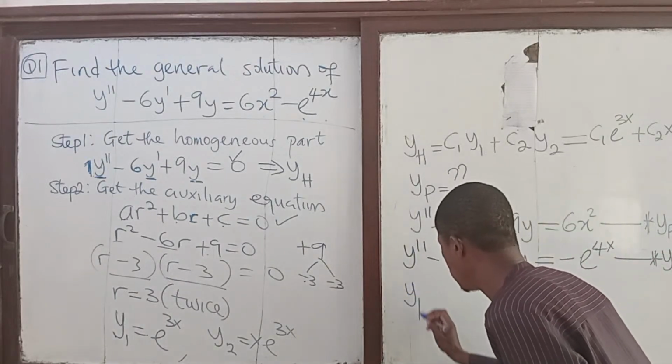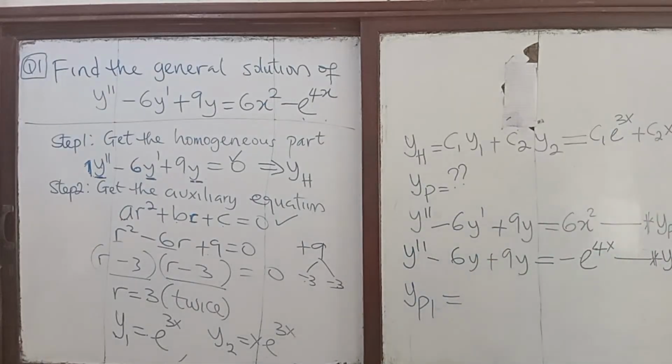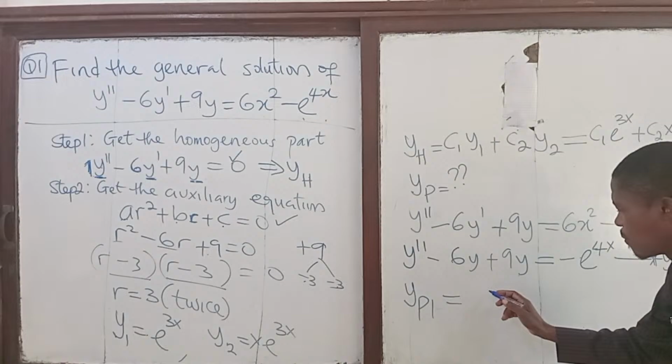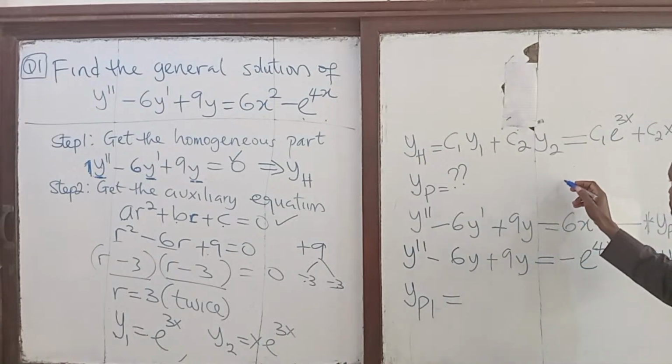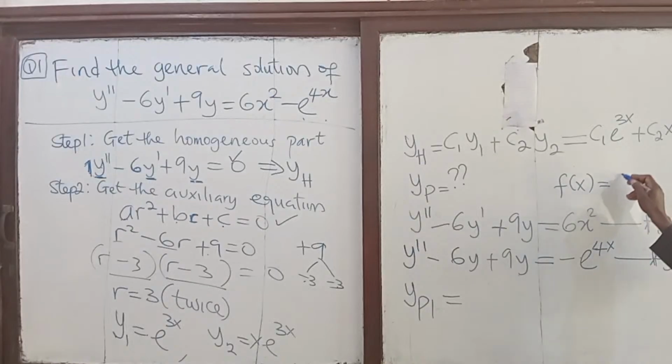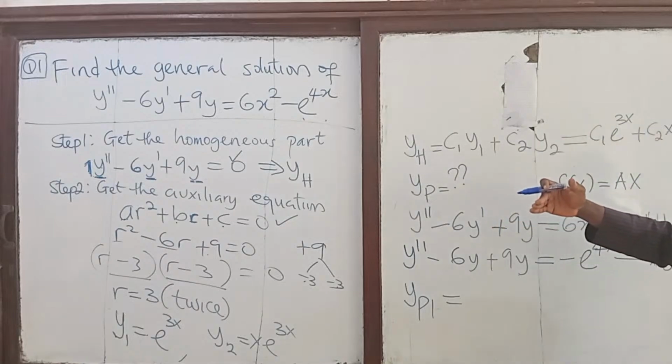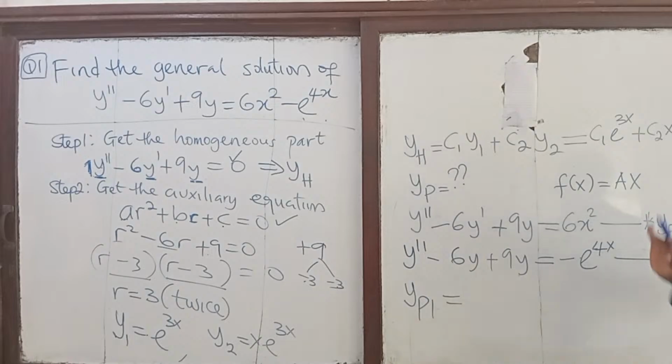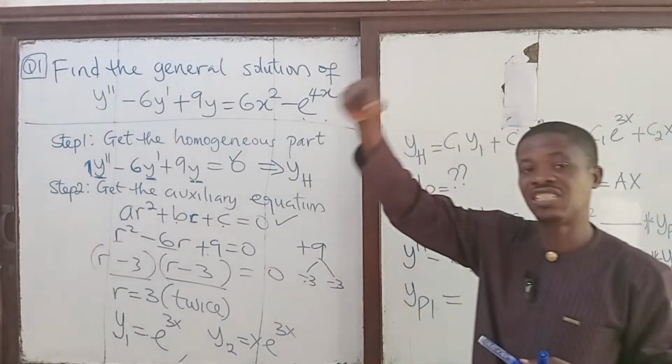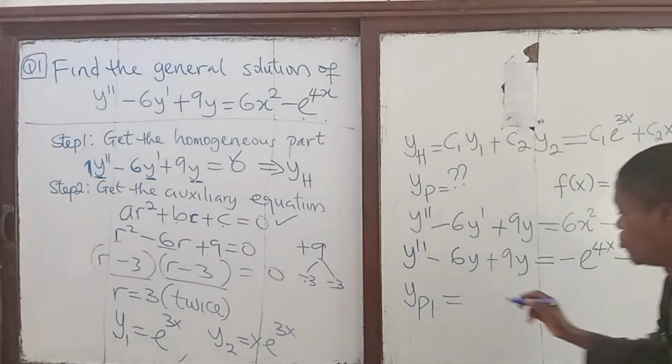How can we get a particular solution for yp1? If you remember what we said in the rules for undetermined coefficients, if your f of x is a polynomial of degree n, then your yp will also be of the same form.